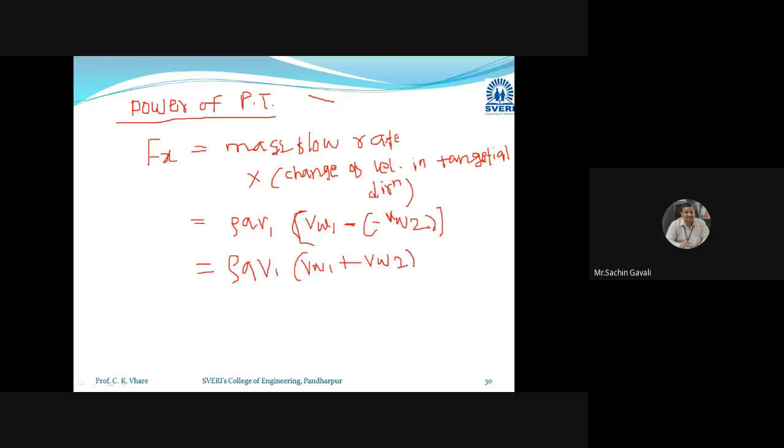We know that power is equal to Fx into u, because power is Fx into displacement.